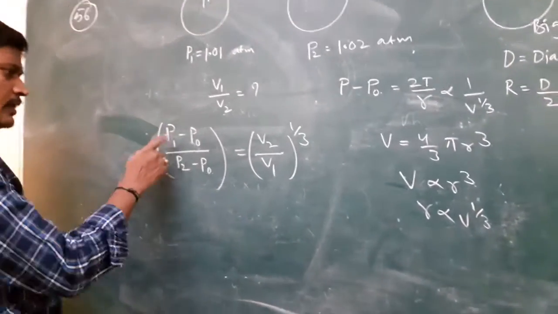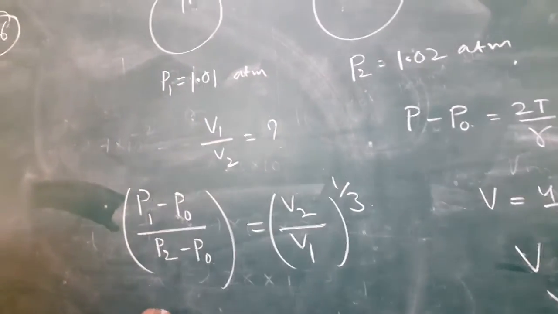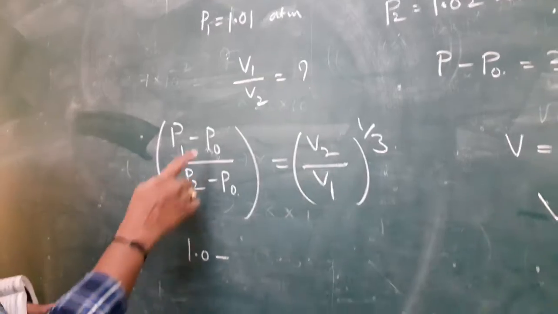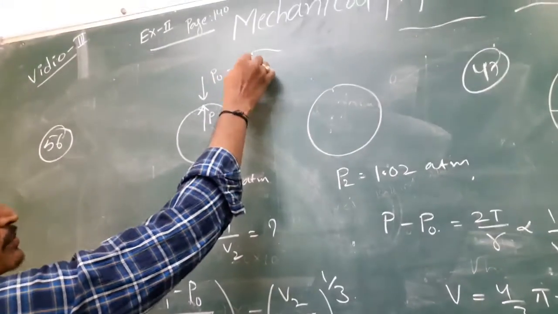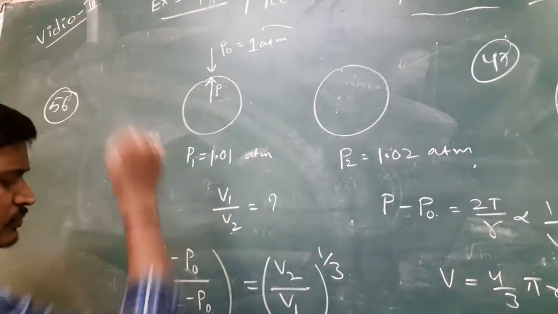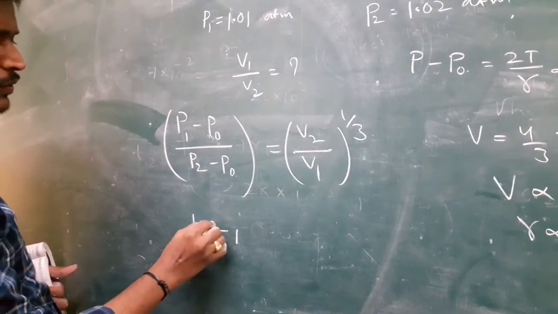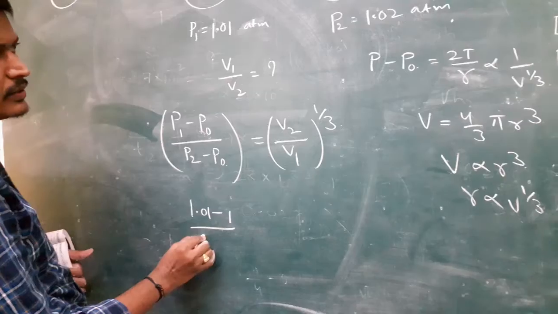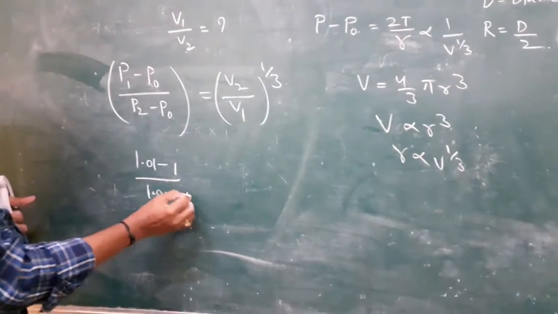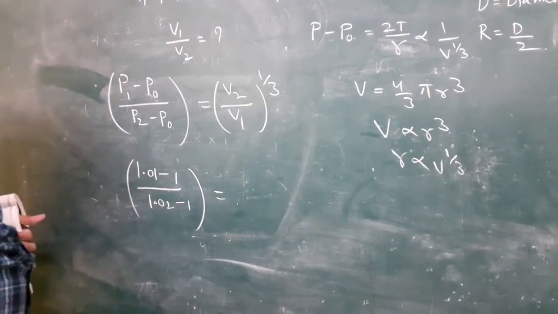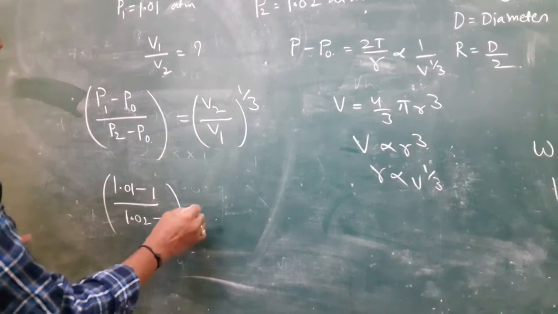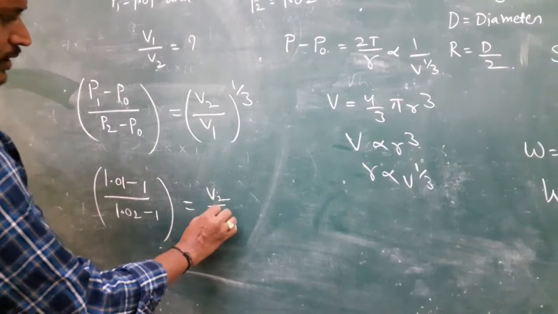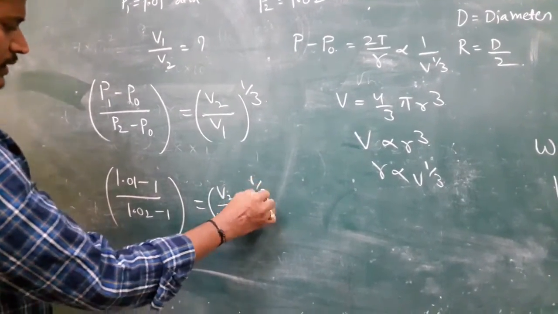P1 minus P0, where P0 is atmospheric pressure, is 1.01 minus 1, divided by 1.02 minus 1, equal to V2 by V1 whole power 1 by 3.